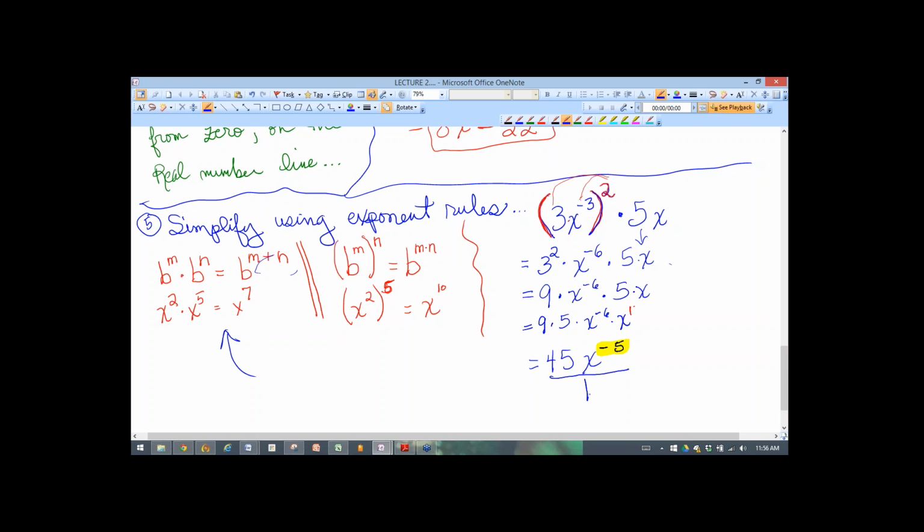So anything that's not in fraction form, any number or expression, put it over 1. If you were worried about crossing the fraction bar to make this negative 5 positive, don't worry about it. It's there. It's just not pictured until you put it there.